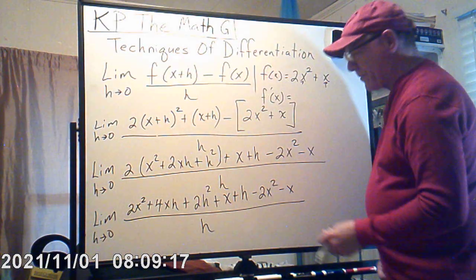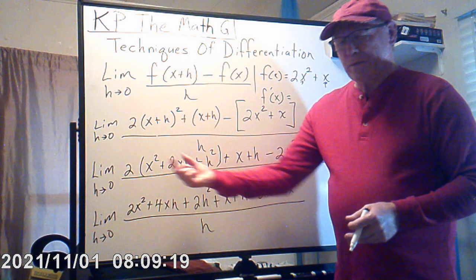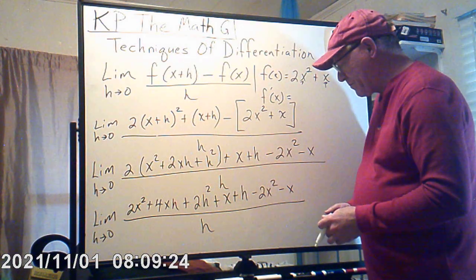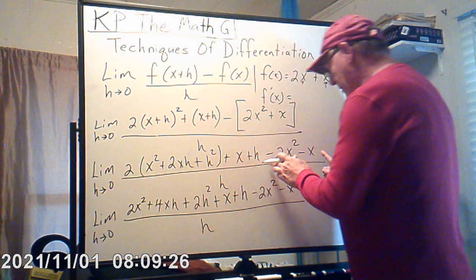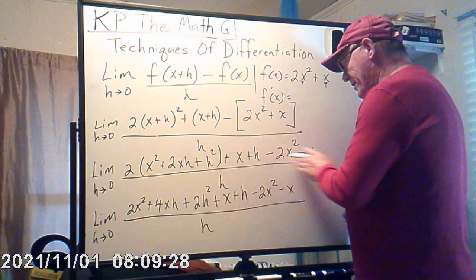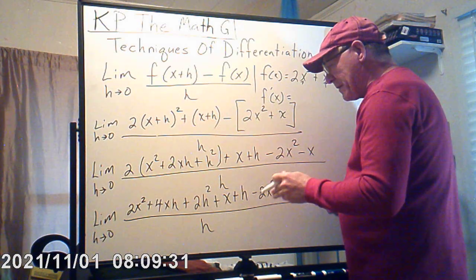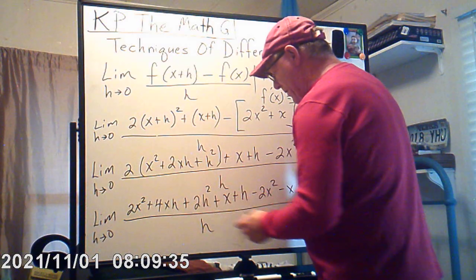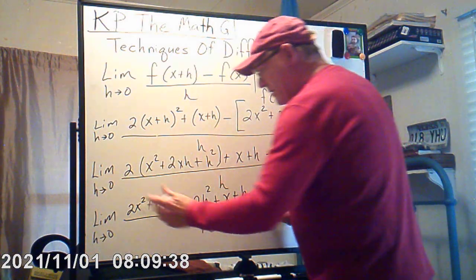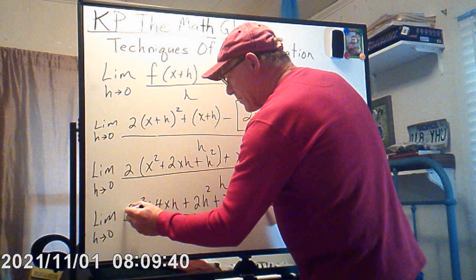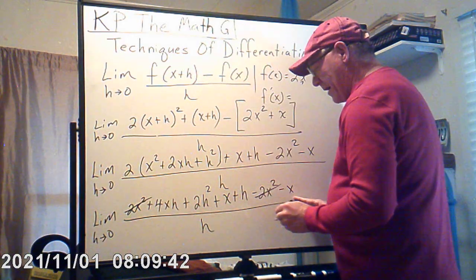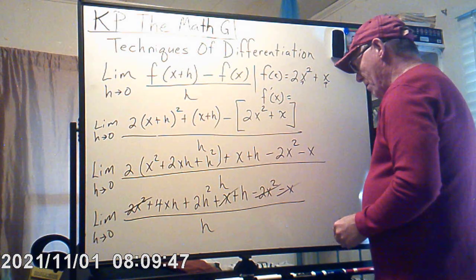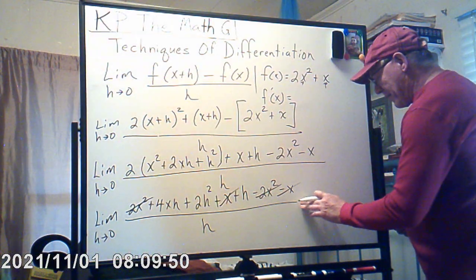And at this point, now that I've distributed and gotten everything together, I can put some terms together. You notice these terms will be 0. There will be an opposite for each one of these. So the opposite of positive 2x squared is negative 2x squared, and negative x should be a positive x right here. So now that brings it down a little bit.